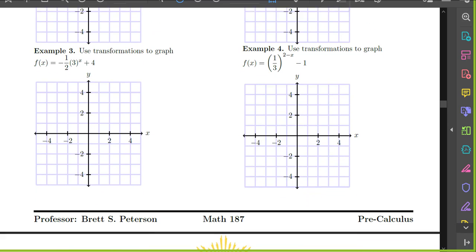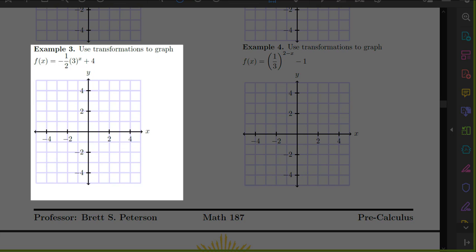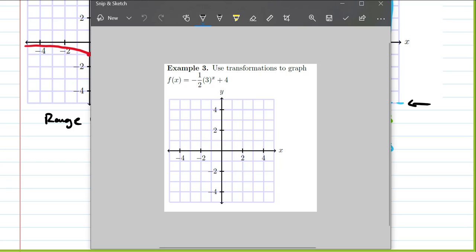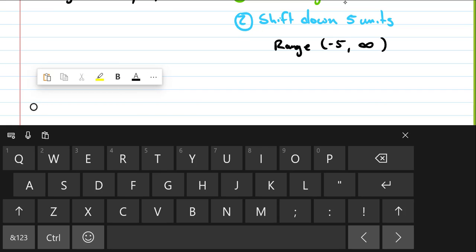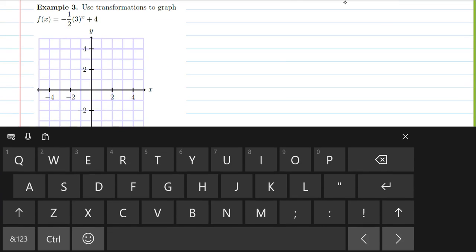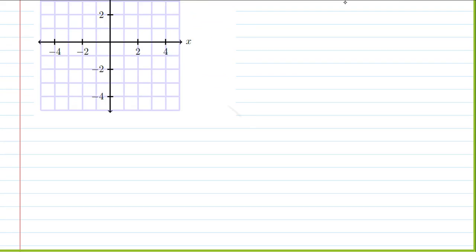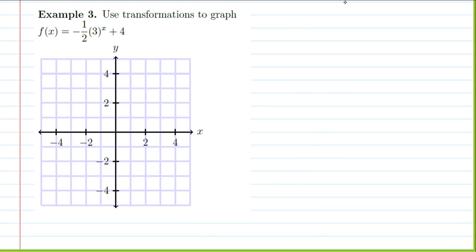All right, so let's look at a couple more. So with example 3, we've got a couple more things going on. So our parent function is still our growth function, base 3. Now I've got this guy. So the negative 1/2 is actually going to be two things.